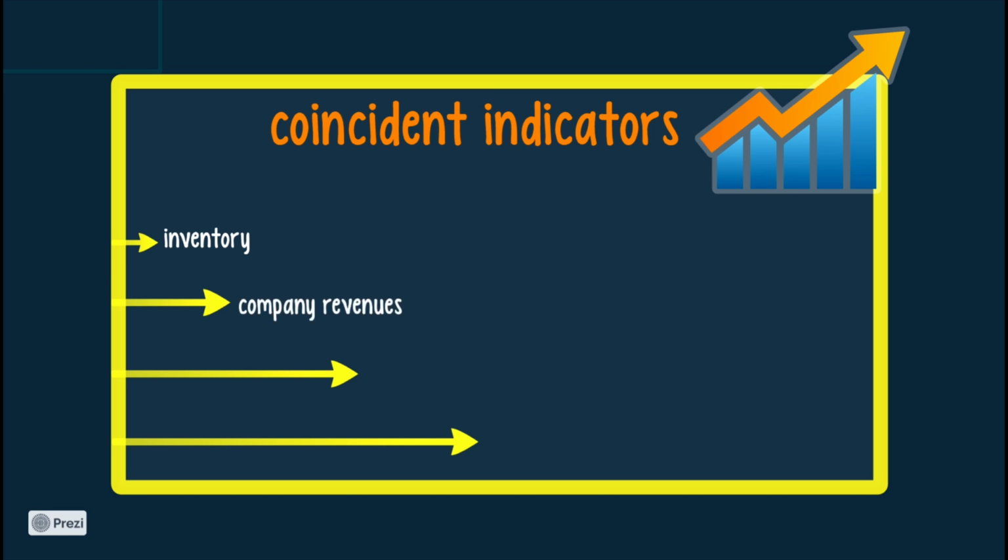Since company revenues directly reflect the current economic situation of businesses, they allow for an assessment of a country's current economic development. Another coincident indicator is the household savings rate. The savings rate indicates what portion of income private households set aside or save each month.